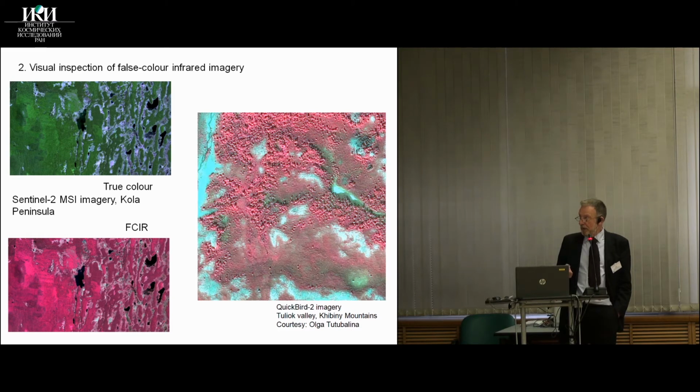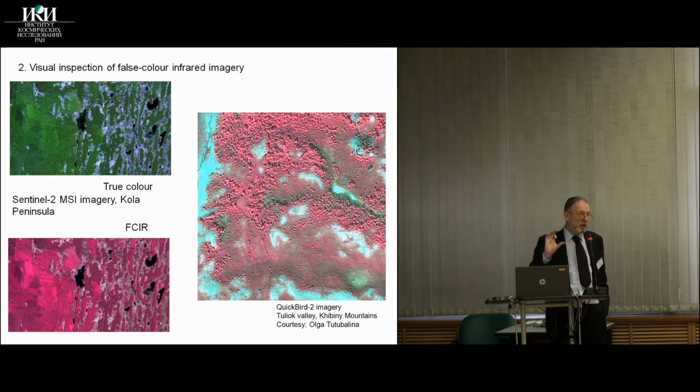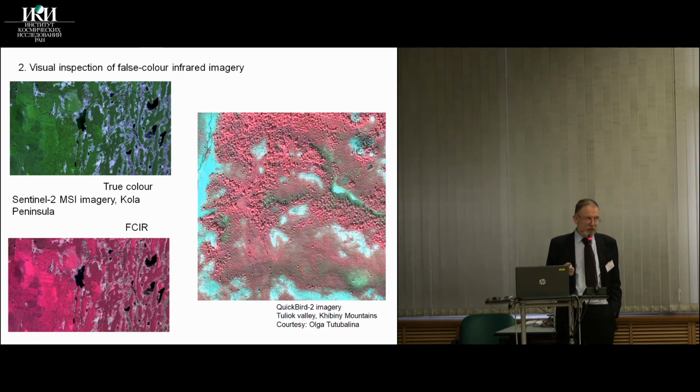Bottom left, we have, in fact, imagery from the same satellite system, but showing a different range of wavelengths, including the near-infrared wavelength, to which the human eye is not sensitive, but many satellite systems are sensitive.